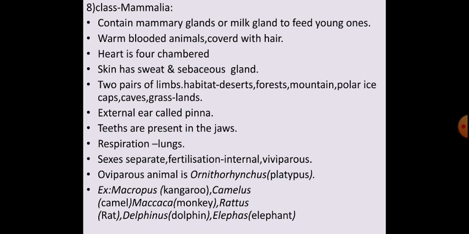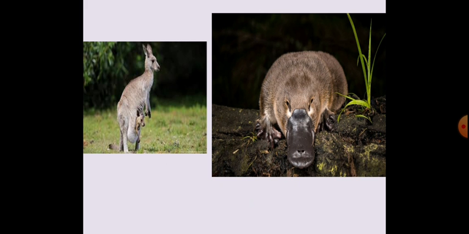Okay. So this is Ornithorhynchus. This is a mammal, but doesn't give birth to young ones. They lay eggs. Oviparous animal, Ornithorhynchus. This is kangaroo, Macropus.